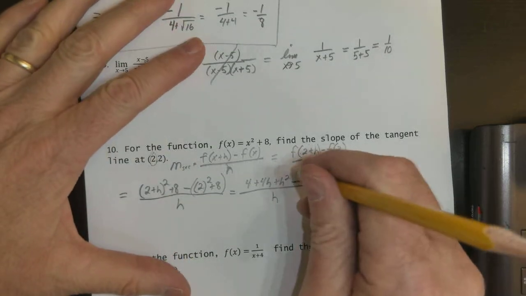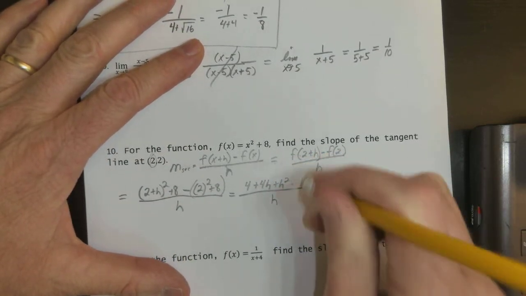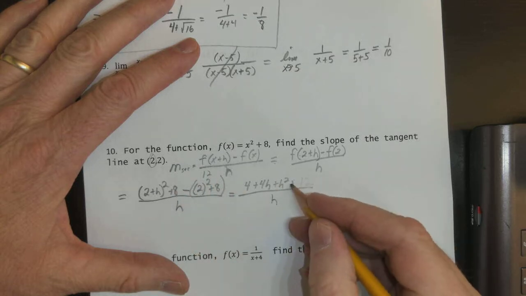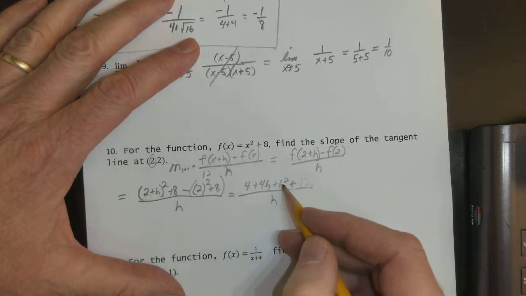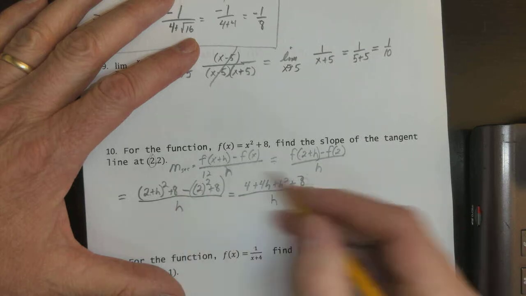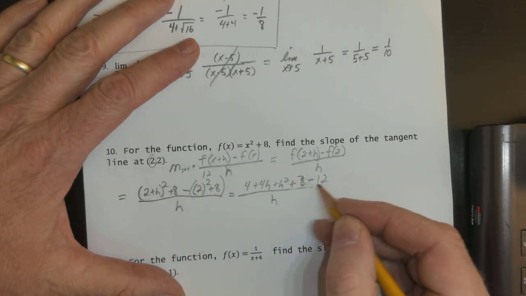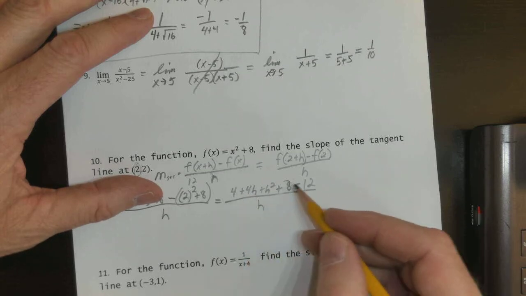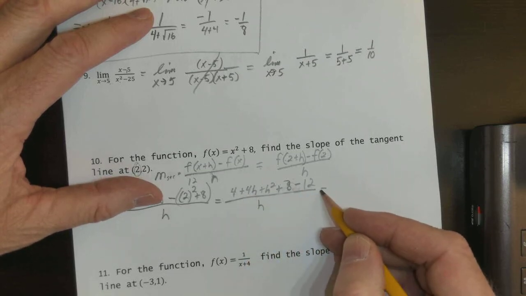All right, forgot that plus 8. This is 12 here. I forgot to write the plus 8. I did square that here. I have this plus 8, and then I have this minus 12. So 4 plus 8 is 12. 12 minus 12 is 0.